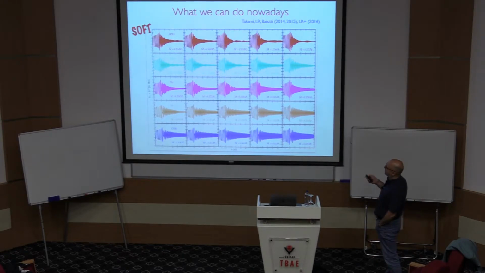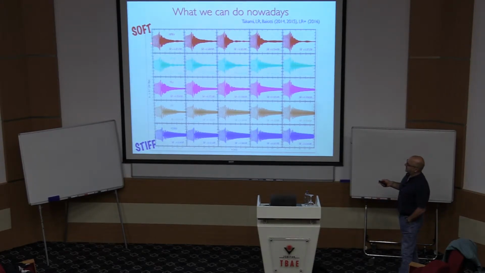In general, this is a soft equation of state, this is a stiff equation of state. What you can see is that a soft equation of state has a post-merger signal, so after zero, that is much smaller than the pre-merger signal, the one during the spiral. This is the opposite in the case of a stiff equation of state, where the post-merger signal is comparable.